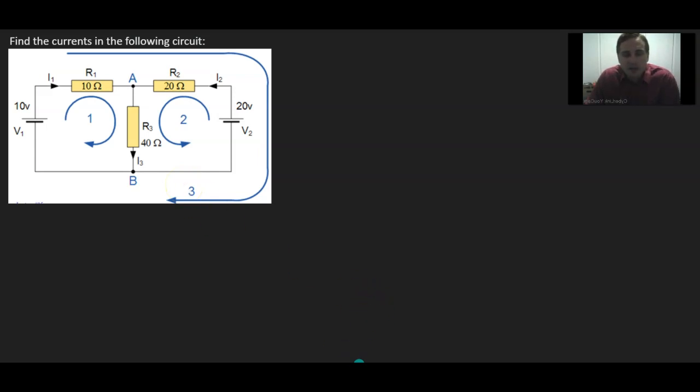So, let us start with Kirchhoff's junction rule for electric currents. So remember, the junction rule tells us, just like the conservation of charge, but it's just the conservation of charge per unit time, that the currents should add up.